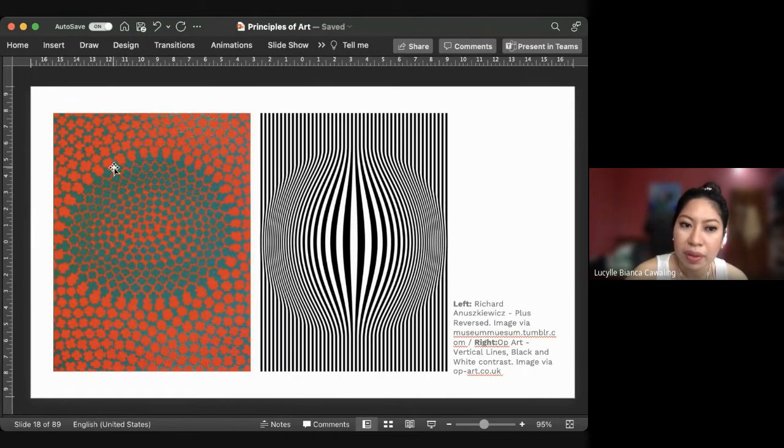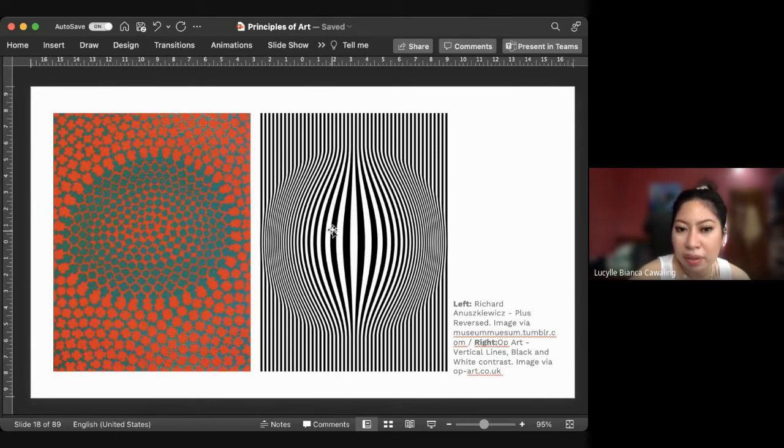For example, this one, the color here, the red here is more dominant, and then it gives shape to egg-like object here because of the color.